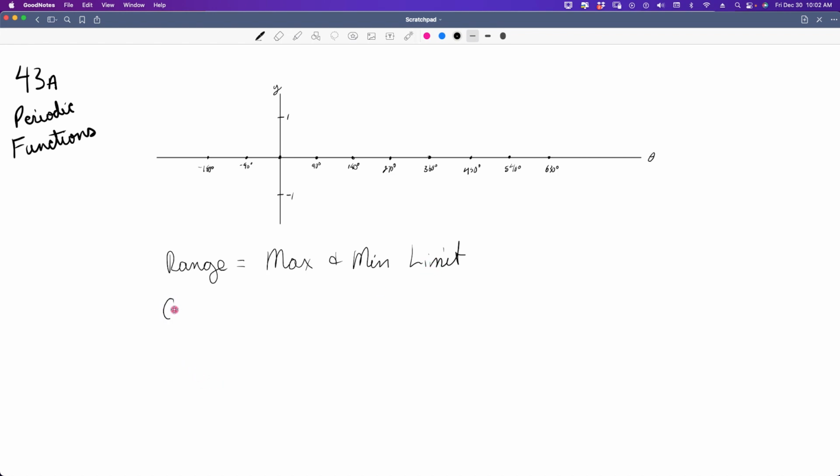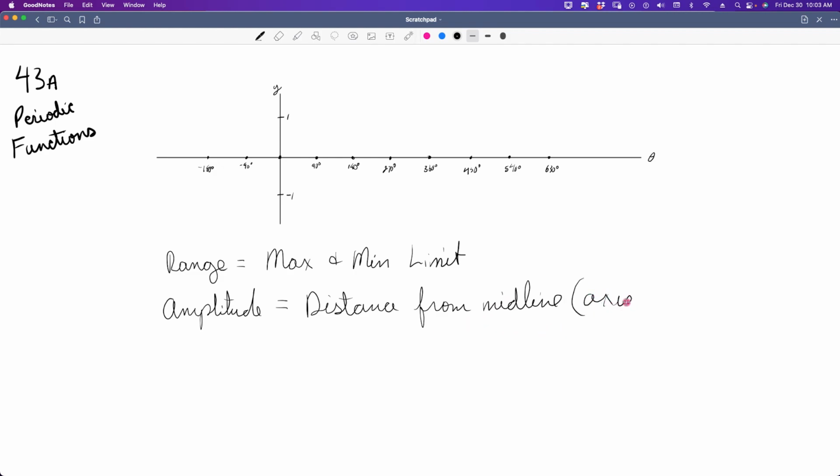The amplitude of your function is going to be the same both above and below. So the amplitude is the distance from the midline, or the axis.